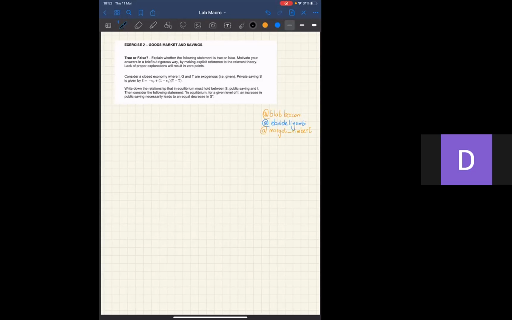We're considering a closed economy where I is exogenous together with G and T. Whenever they tell you that a variable is exogenous, it means that it's fixed. You take it as given, and that's very useful for computing things, because it makes everything easier.